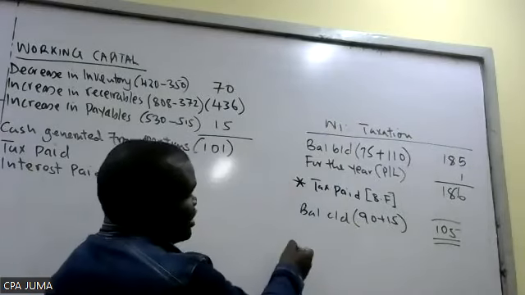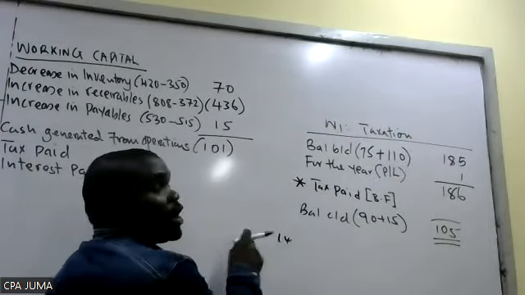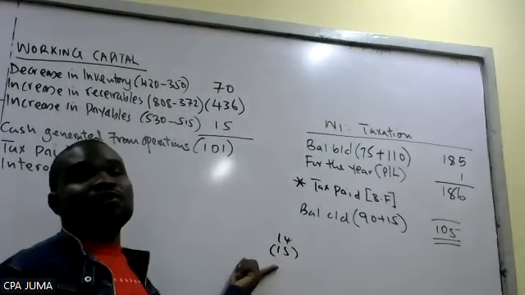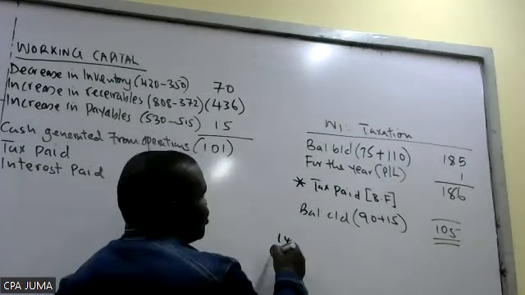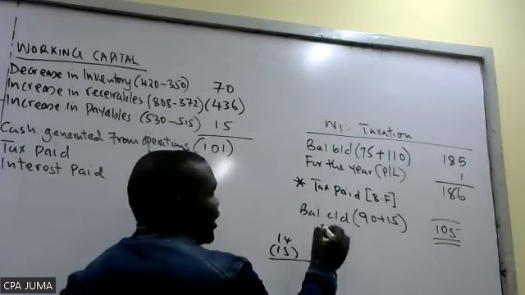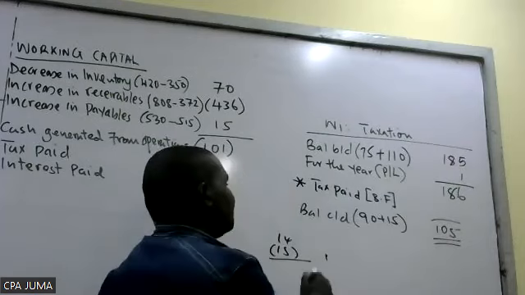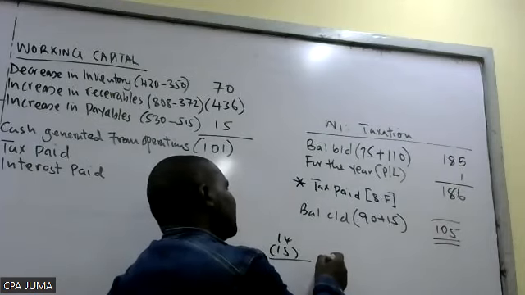You see the current tax is there 14, you are claiming 14, deferred was 15. It means our total tax expense is 1. So we had a liability of 185 during the year.